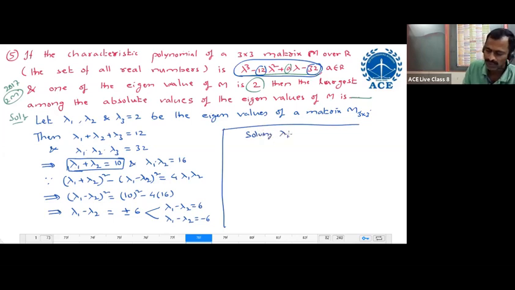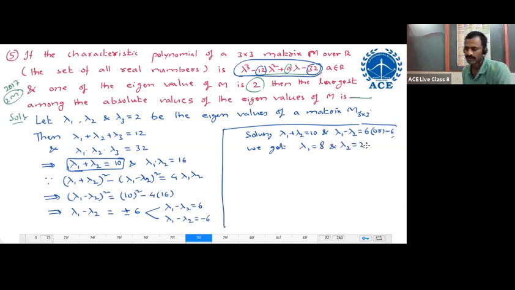Solving lambda 1 plus lambda 2 equal to 10 and lambda 1 minus lambda 2 equal to plus 6 or minus 6, any one, we get lambda 1 equal to 8 and lambda 2 equal to 2 only. Right? But here all the eigenvalues are positive.